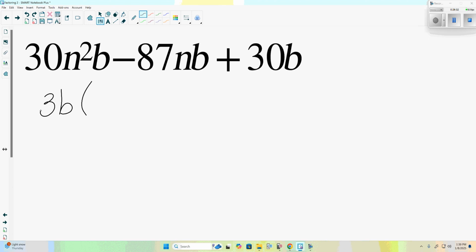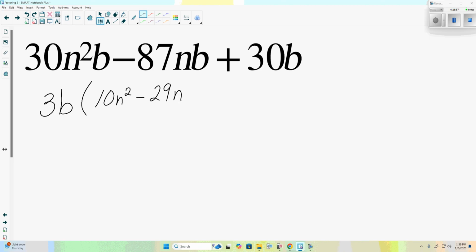Now if we factor 3b out of 30n squared b, well, 3 factored out of 30 would be 10. We still have the n squared, but the b factors out completely. We factor the 3 out of 87, as we just saw, we're left with 29.